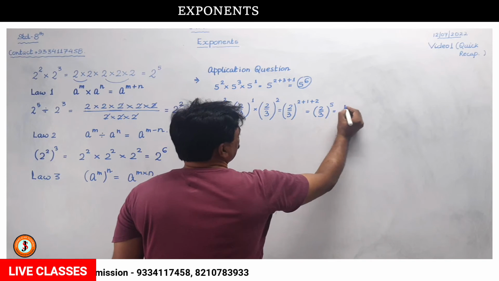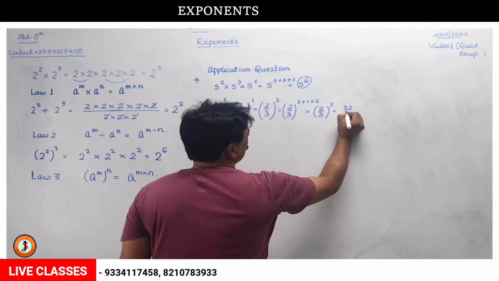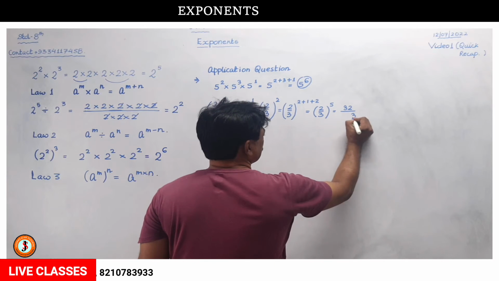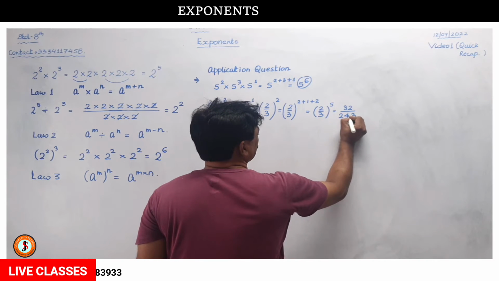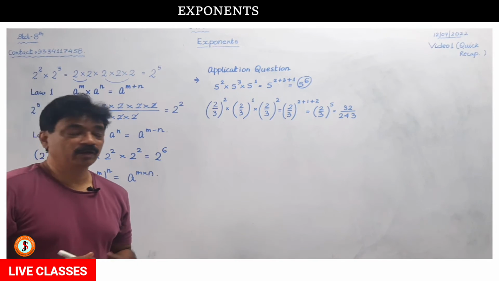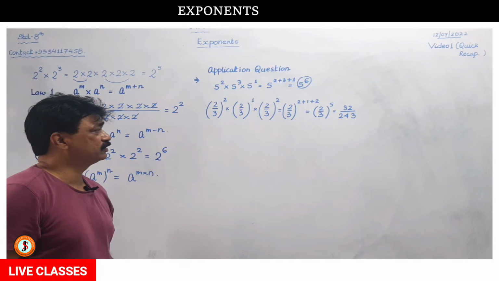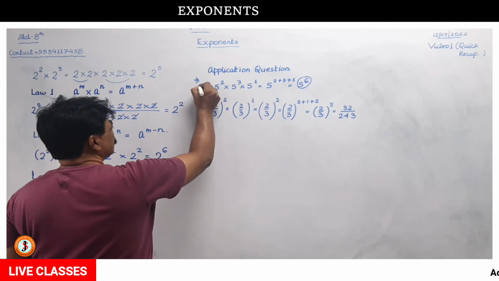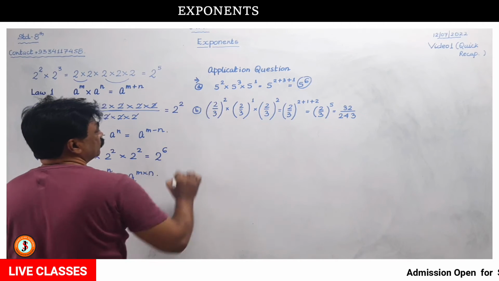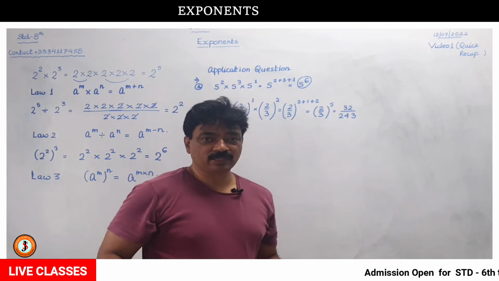That means it will be 2 to the power 5, which is 32, divided by 3 to the power 5, which is 243. So this is how we go about application. Simple application you should know first. This is just a recap of what we studied in standard 7.